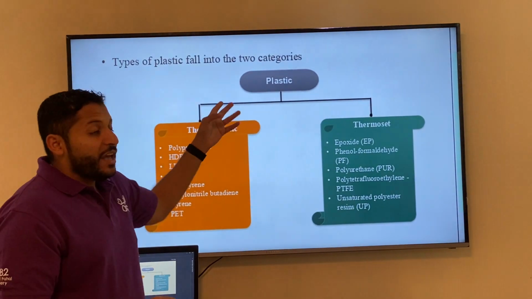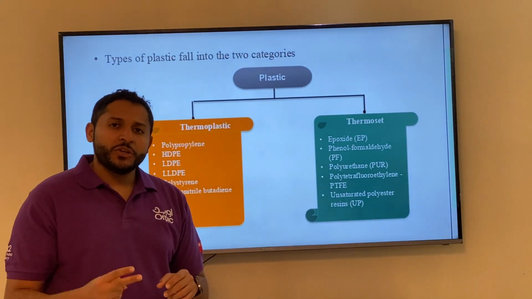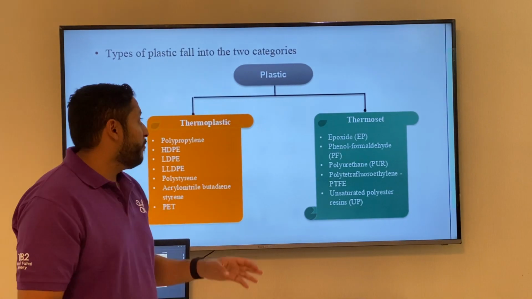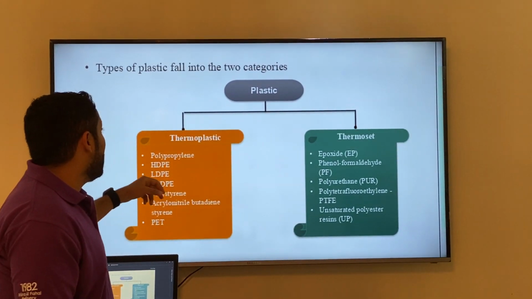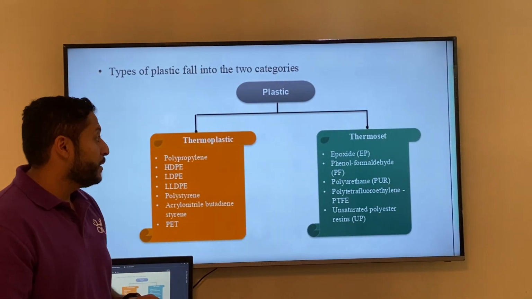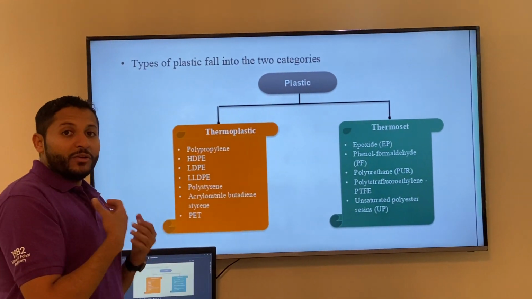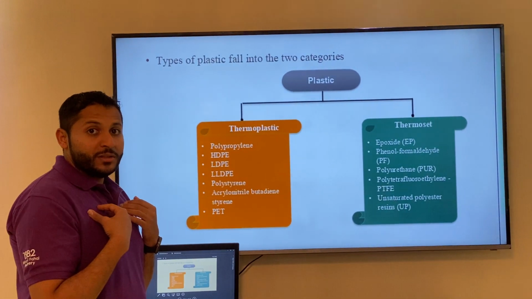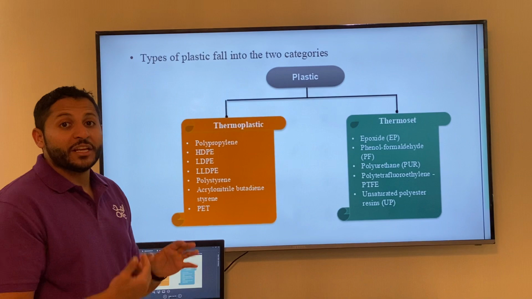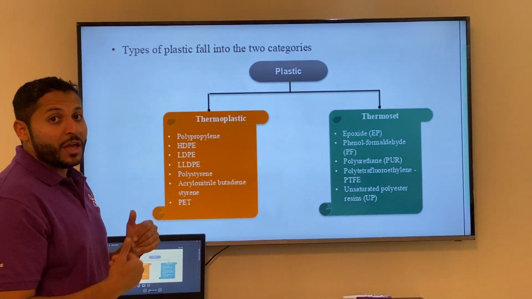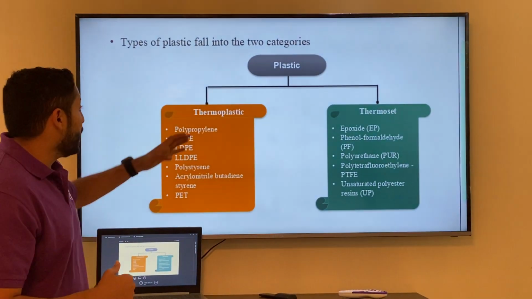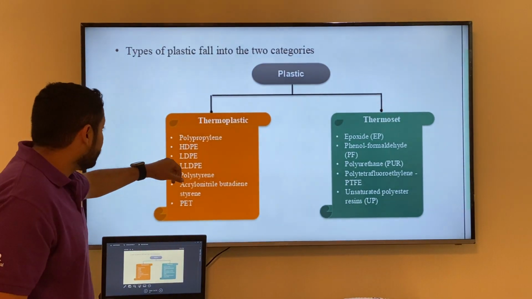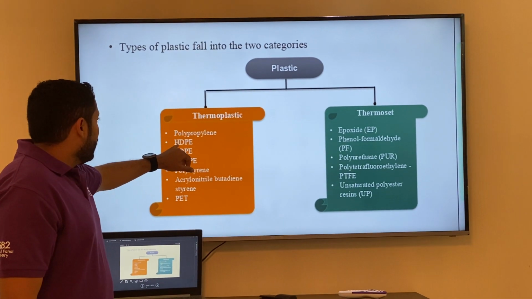There are two categories of plastic: thermoset and thermoplastic. Our plant is in polyethylene, and polyethylene falls under thermoplastic, as shown here on the screen.